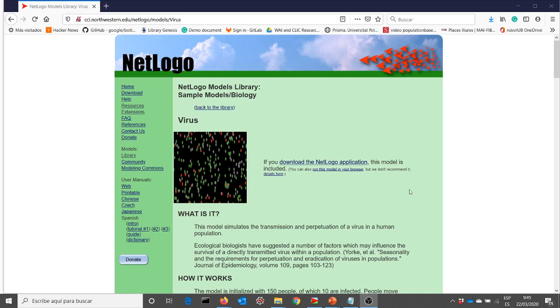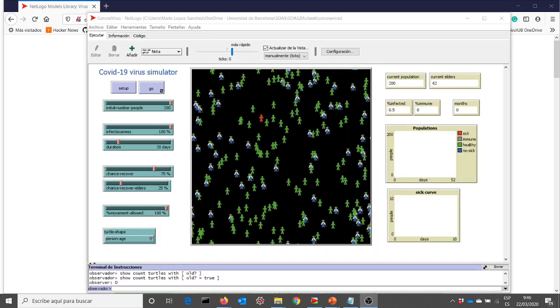This is the web page of the virus model from NetLogo that I was mentioning. And here we have the model I have generated.